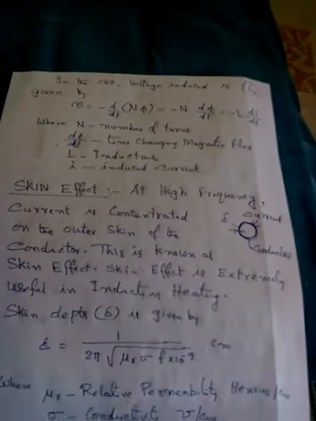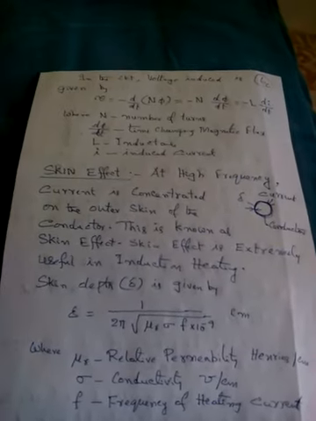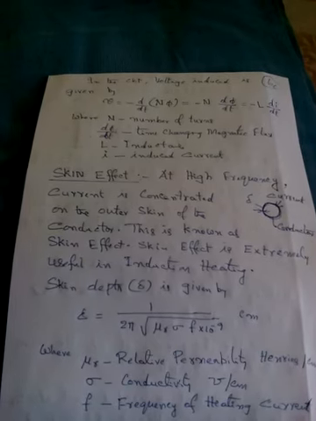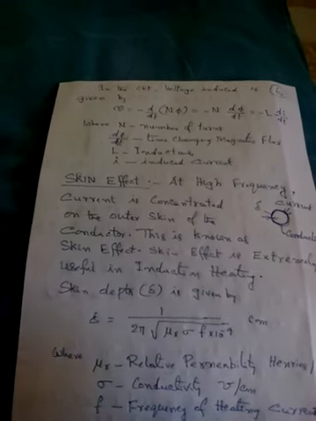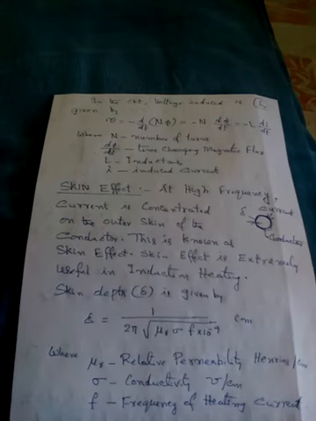So we have seen that at high frequency the current is concentrated only on the outer skin of the conductor, because as the frequency increases, the depth of penetration of the current decreases. Finally, if you go above 500 or 550 kilohertz, the current will not flow through the conductor at all.